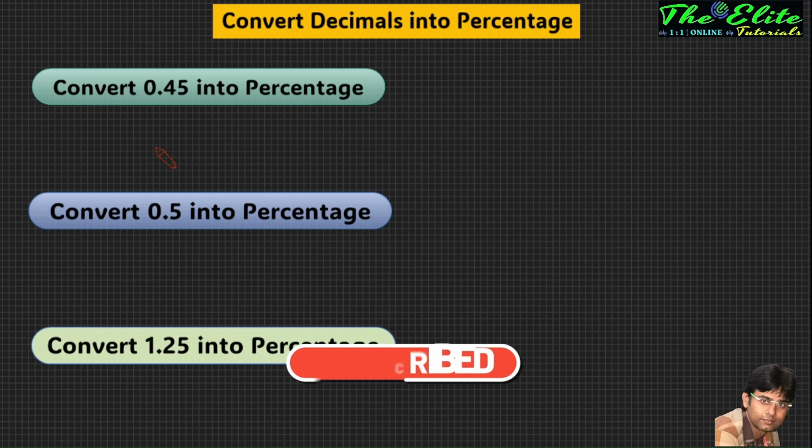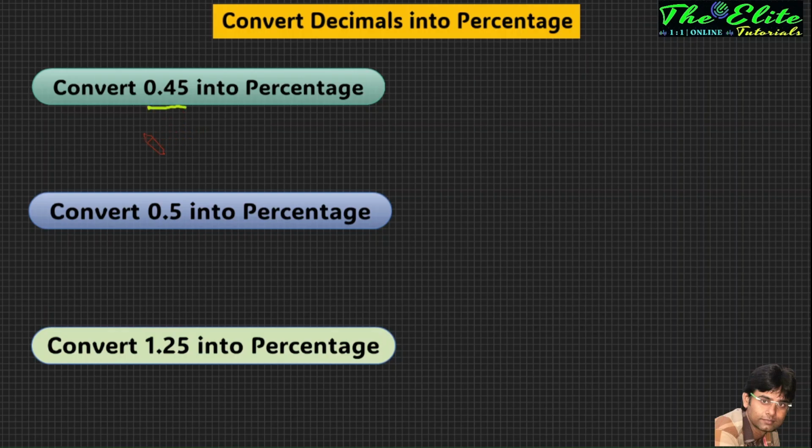As of now, we have learned how to convert a fraction into percentage, and this is a decimal number. So first of all, we will convert this decimal number into a fraction. So we know that 0.45 can be written as 45 upon 100, if you know this.